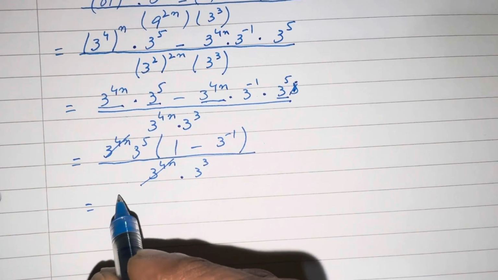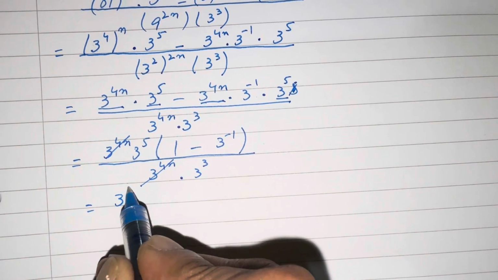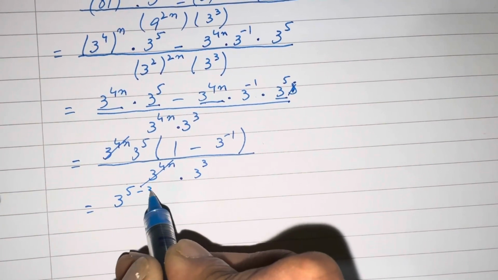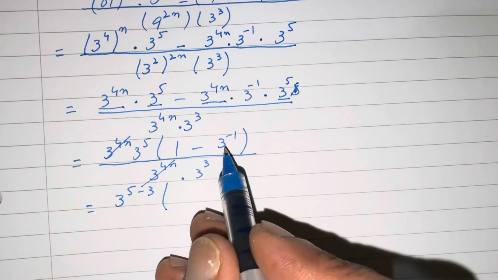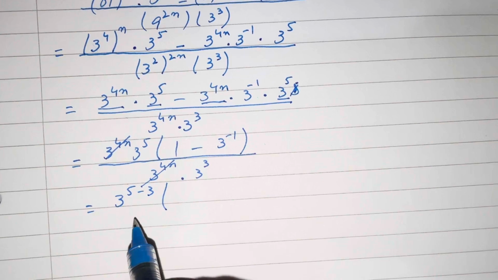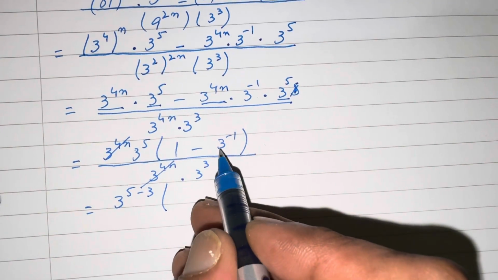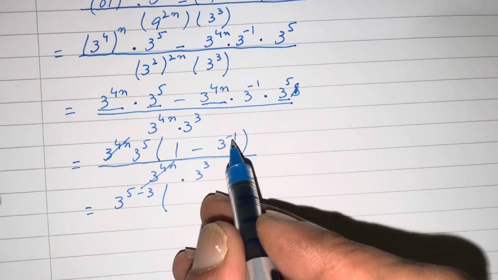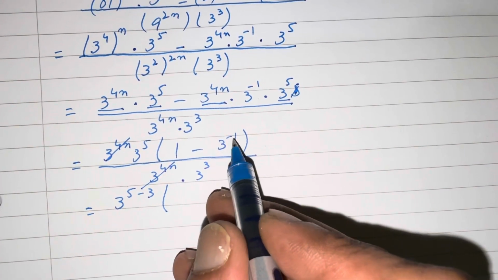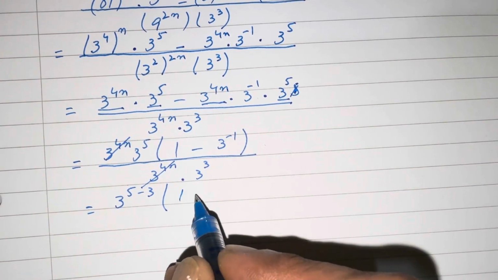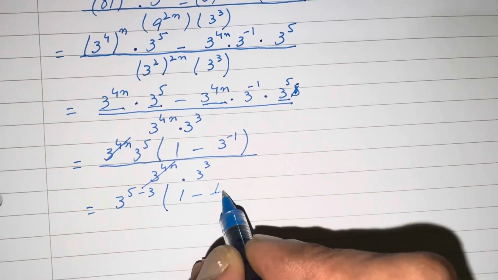So that can be written as 3 raised to power 5 minus 3. Inside the bracket you will be left with 1 minus 3 raised to power minus 1. So we are going to simplify with the help of exponent law, that 3 raised to power minus 1 we can write as 1 over 3.